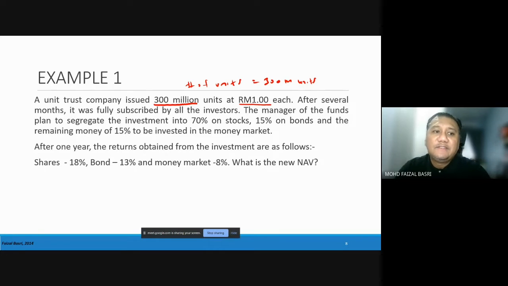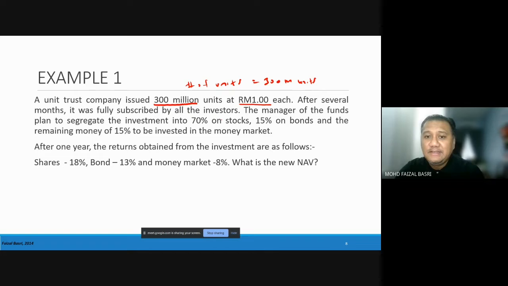Okay, so after several months, it was fully subscribed. So maknanya dia dah jual lah. Semua 300 million dah fully subscribed. Maknanya semua available fund tu dah dibeli oleh unit holders. Okay, and the managers akan diversify. Okay, how they diversify?